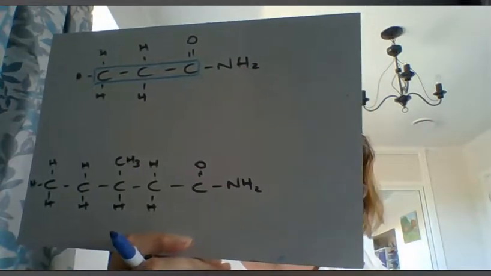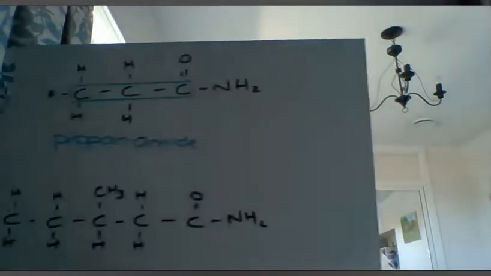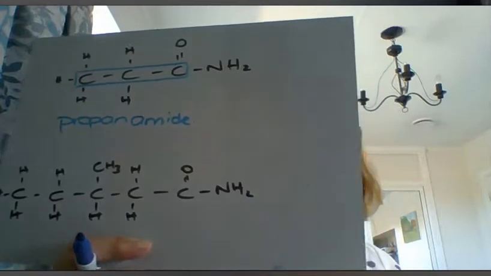They are bonded together with single bonds, so we're going to call that an. There could be a double bond in there potentially, in which case you'd have an en, but this is propane and it has an amide functional group on the end, so we're just going to write amide. Propanamide. Nice and straightforward.